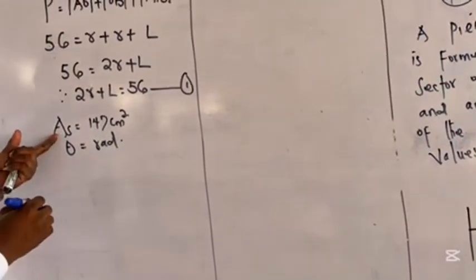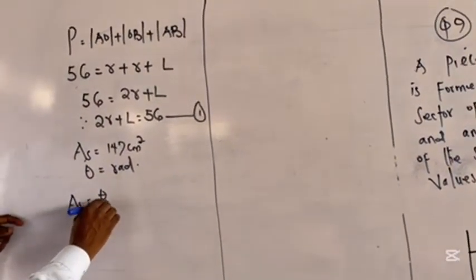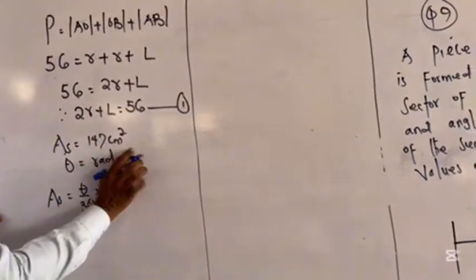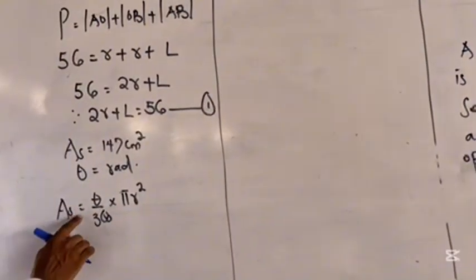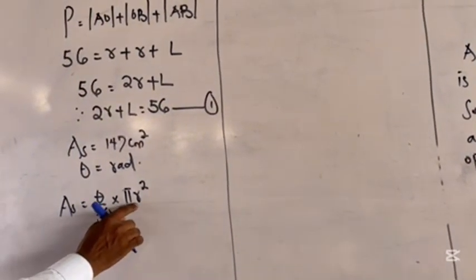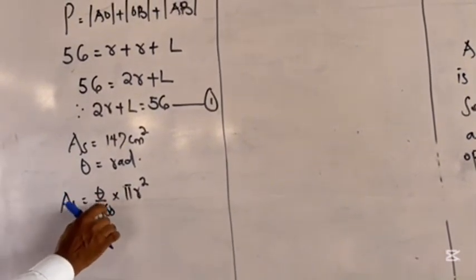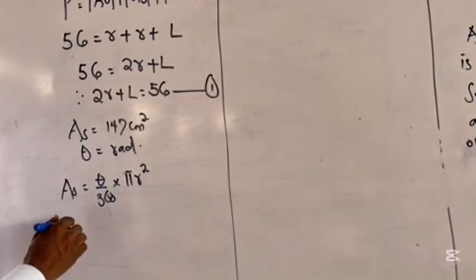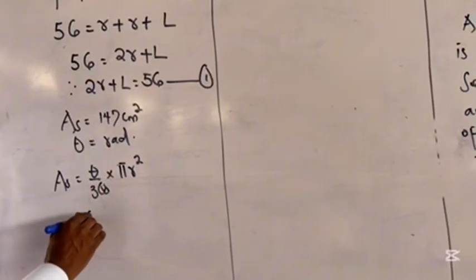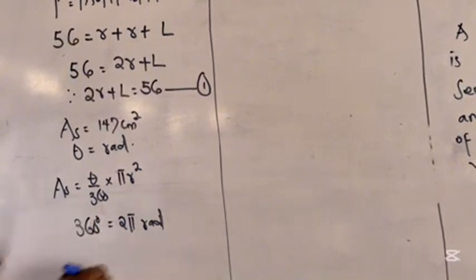So what is the formula for the area of a sector? Area of sector is theta over 360 times pi r squared. But in this case, the theta here is measured in degrees, not in radians. As we convert from degrees to radians, we have that 360 degrees equals 2 pi radians.